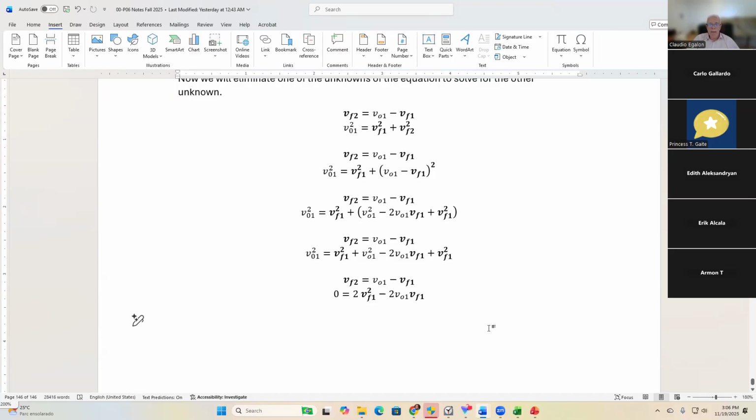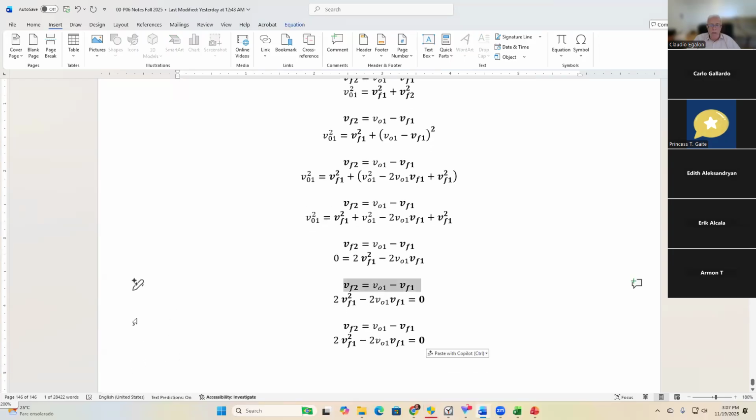And now we have this quadratic equation that I'm going to rewrite in a different way, equal to 0. The unknowns are going to be on the left side. VF1 is still not.